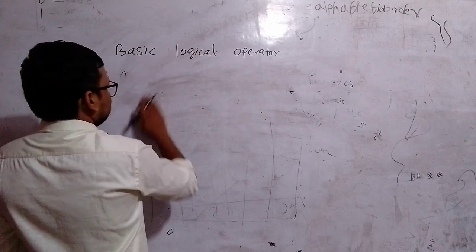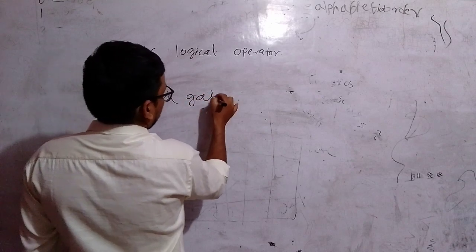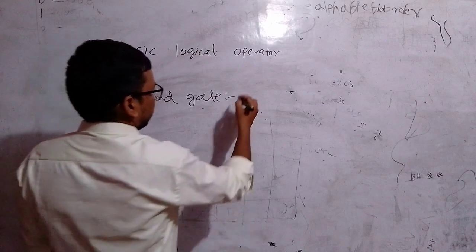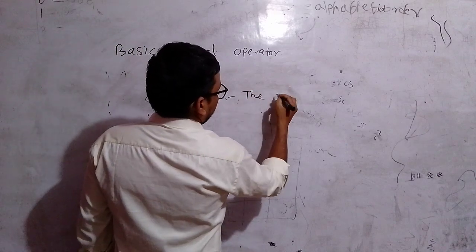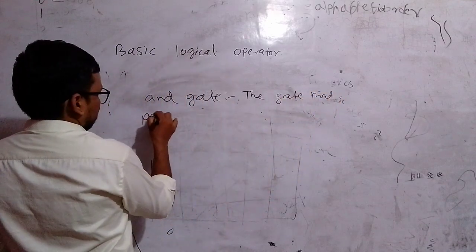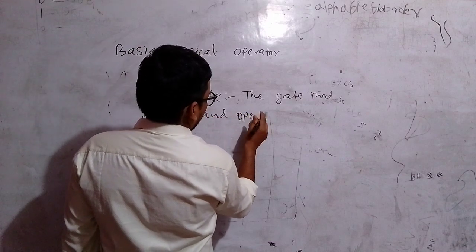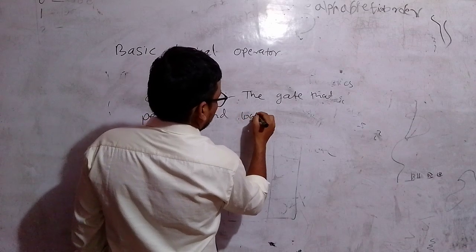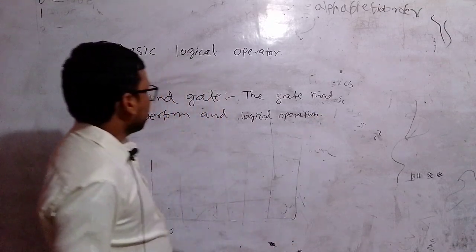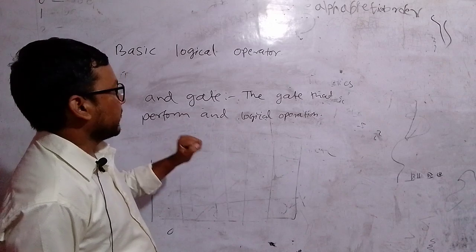AND gate. The gate that performs the AND logical operation is called the AND gate.